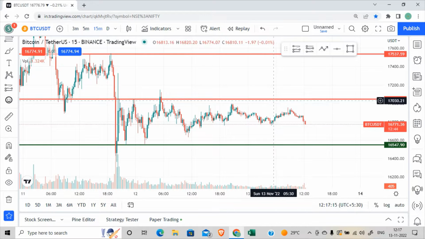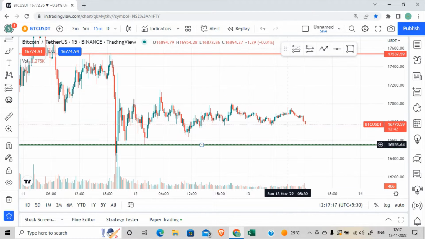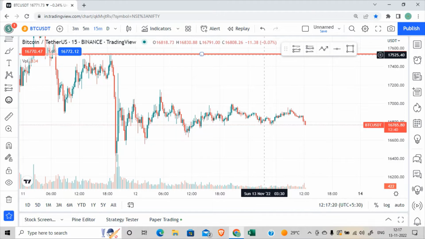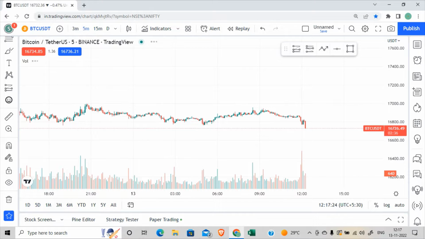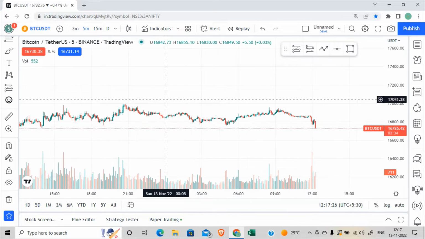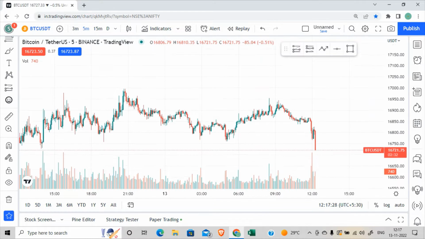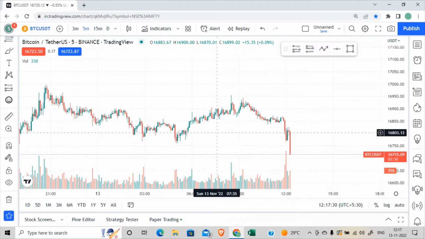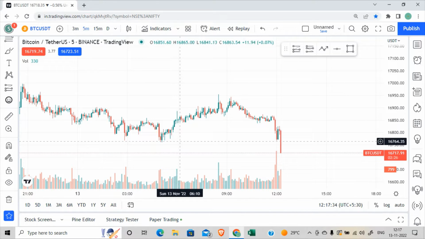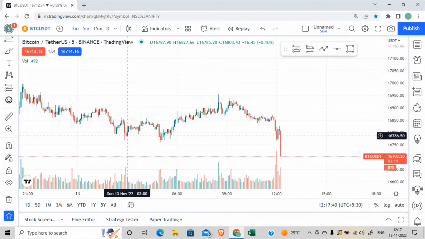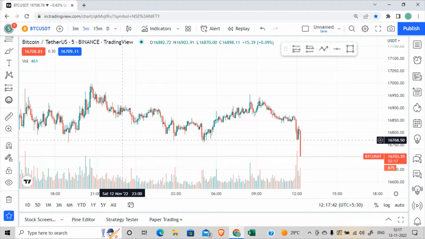Now let's see how to draw the support and resistance line in the live market. Any time frame works. Let's draw the support and resistance in the 5 minutes time frame. As you can see here, the market took support here once, and again here, and back also.